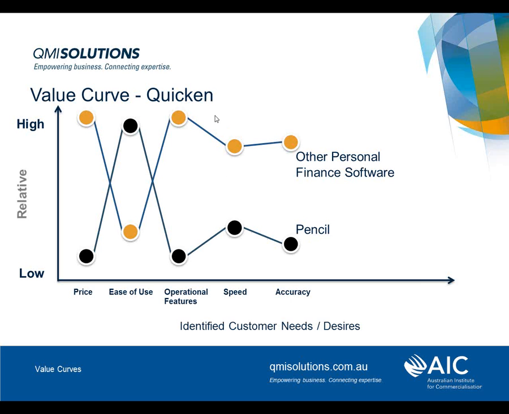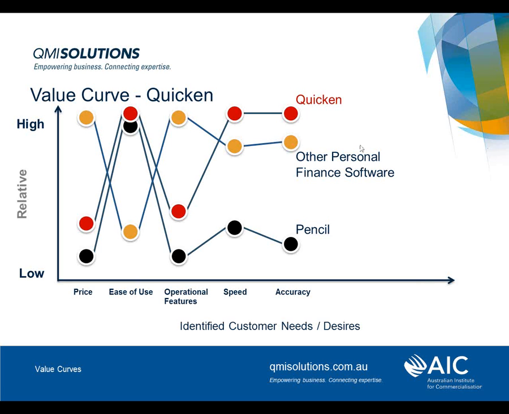So they looked at that as their competitive frame and how might they map their way through in competing against that. So they wanted a higher price than the pencil, but they wanted the same ease of use as the pencil. They wanted it to be so easy to use. That was their desire from the outset. They offered few features, great speed, great accuracy, and they sold it on that.